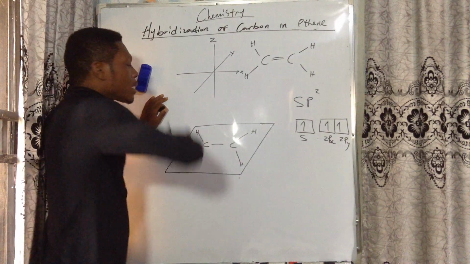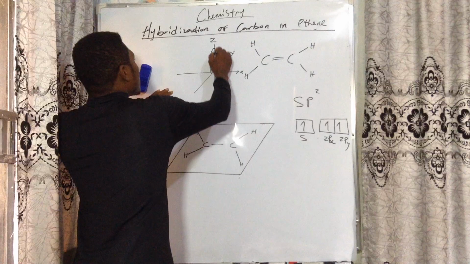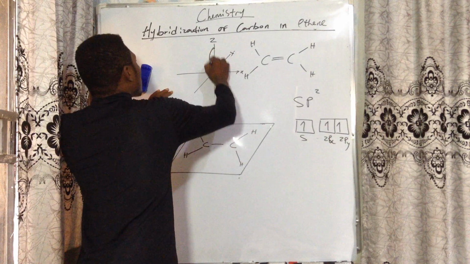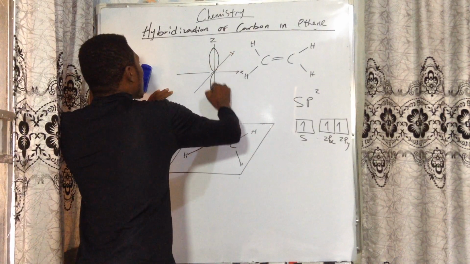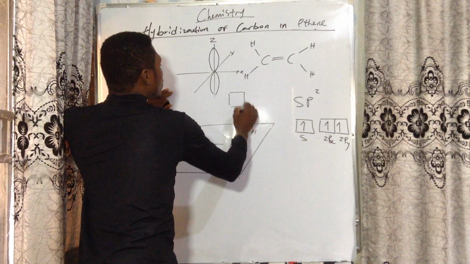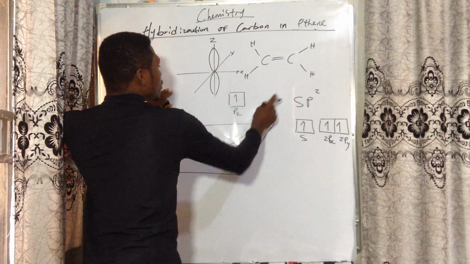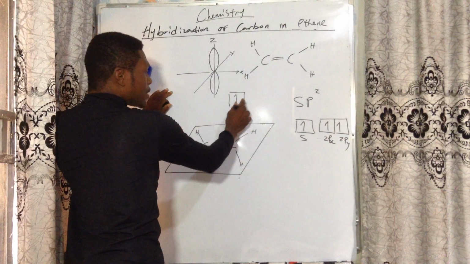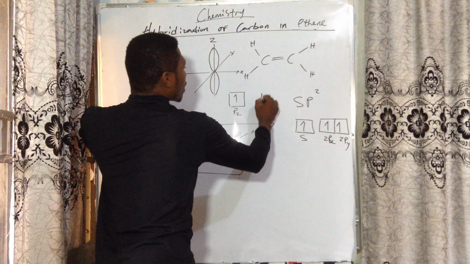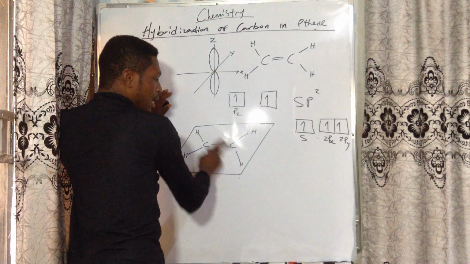Now, the unhybridized p orbital, the pz orbital, each contains what? One electron. That is, one electron is in each orbital. One electron for the pz orbital of this carbon, another one electron for the pz orbital of this carbon.